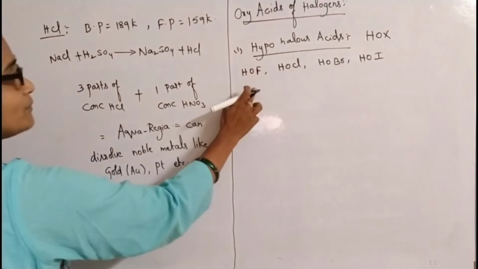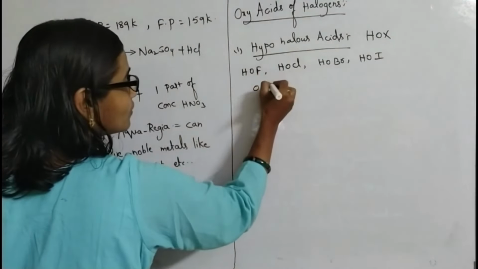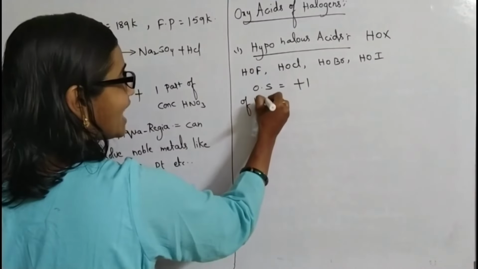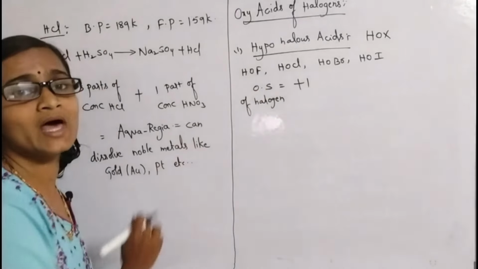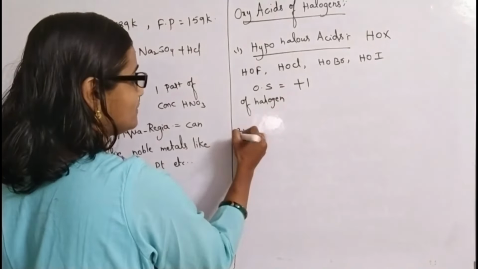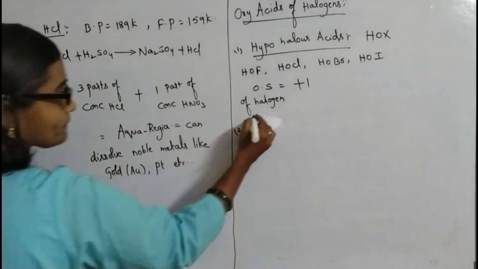In all these hypohalous acids, the oxidation state of the halogen is +1. Please remember that.